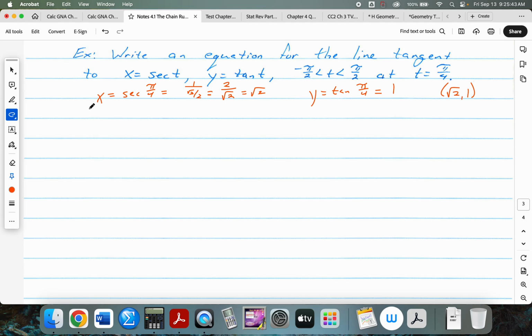So then dx dt is the derivative of secant. So that'll be secant t tangent t. And dy dt will be the derivative of tangent, which is secant squared.